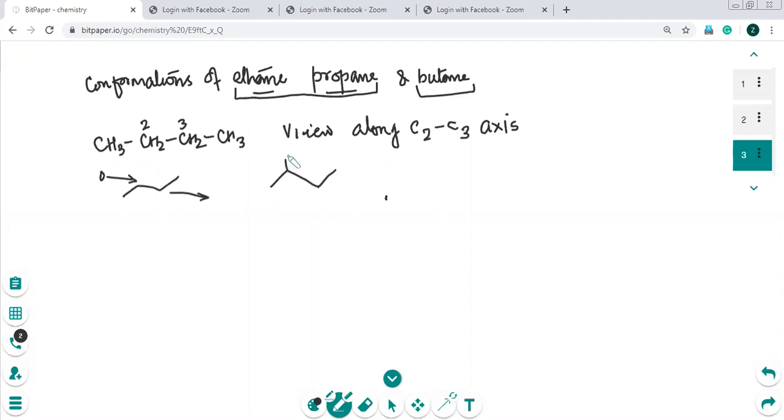I have to put my H here, this H here, and then one H here, the other H here, and the CH3 here.